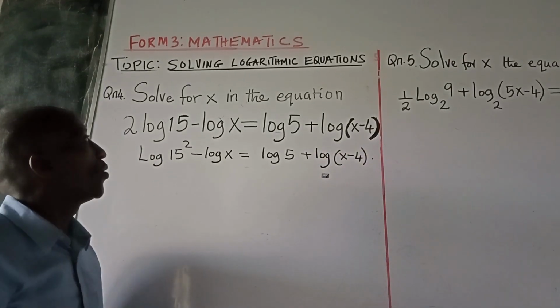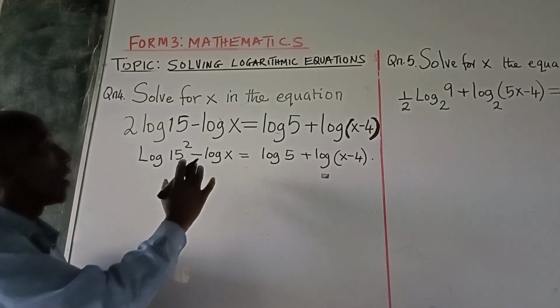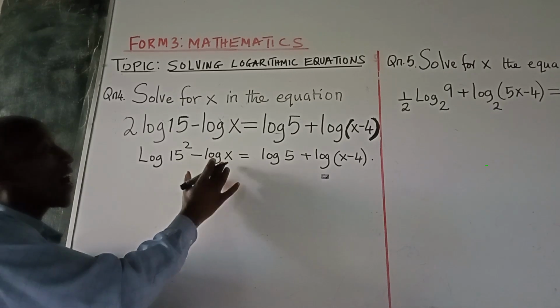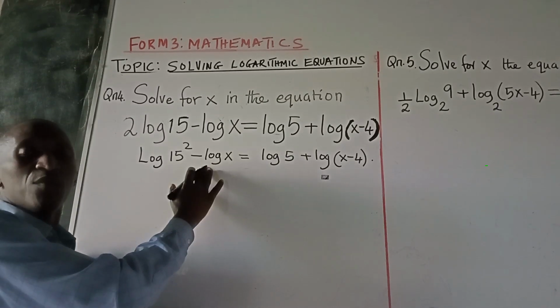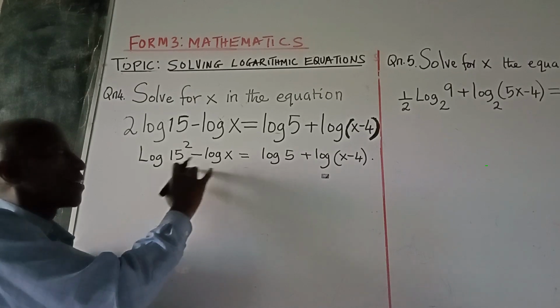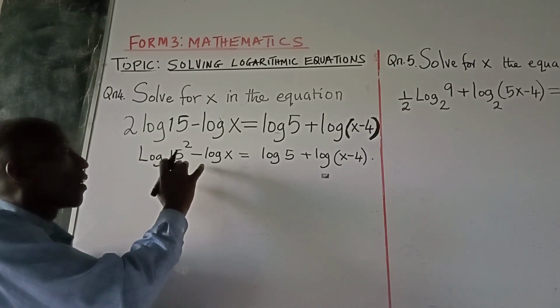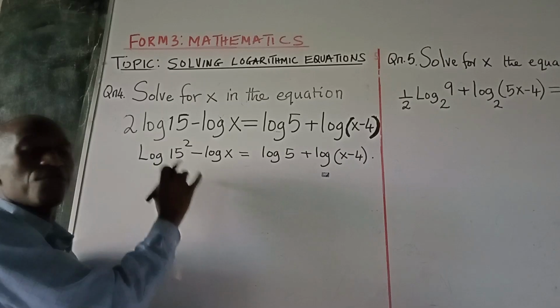In step number 2, we see that whenever we are subtracting 2 logarithms, we take the numbers and divide them out.